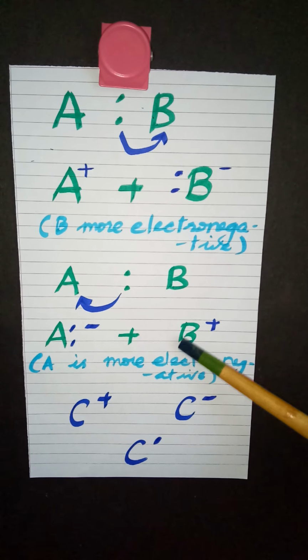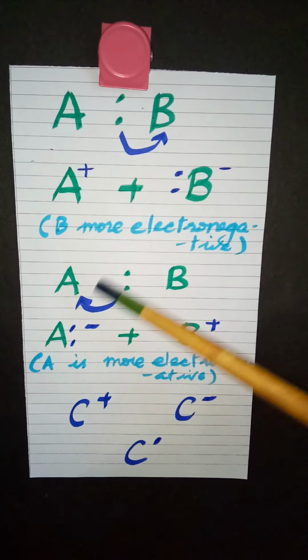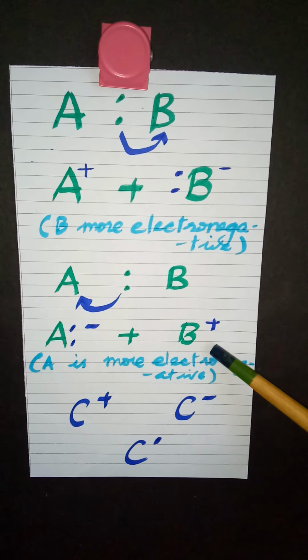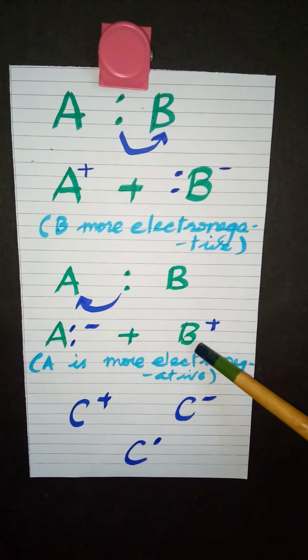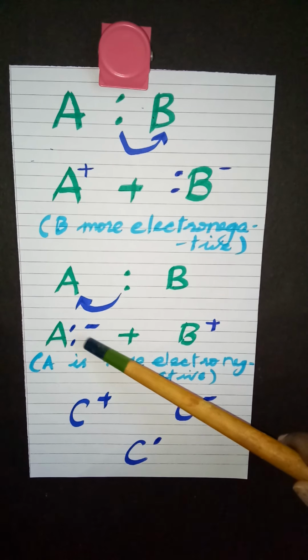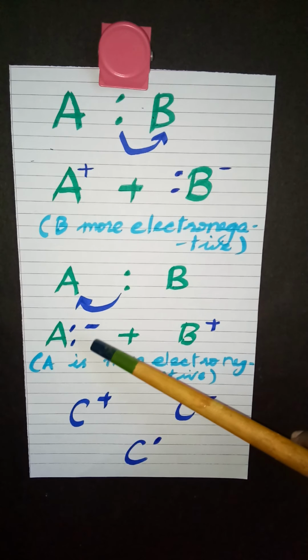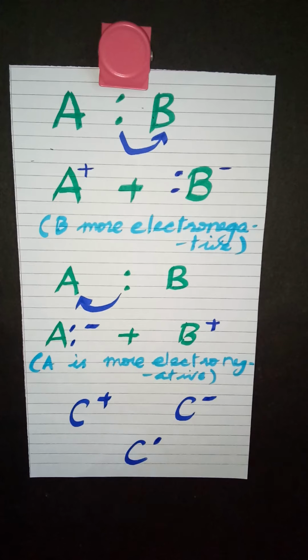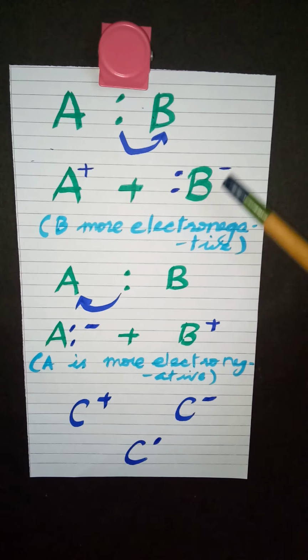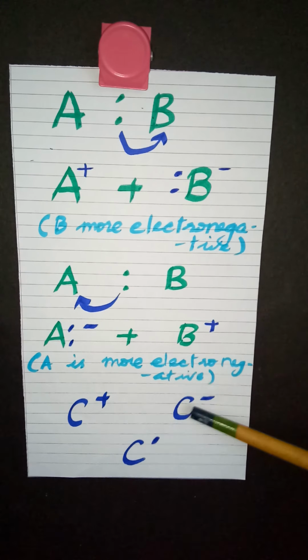The other type is the same type of cleavage, but here A is more electronegative than B. So when A is more electronegative than B, A goes away with both the electrons, so A carries a negative charge and B carries a positive charge. If this B here is a carbon, the carbon species with a negative charge is called a carbanion.